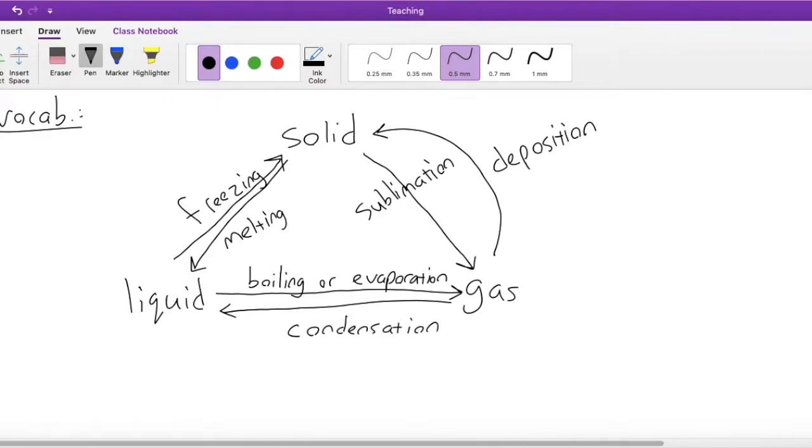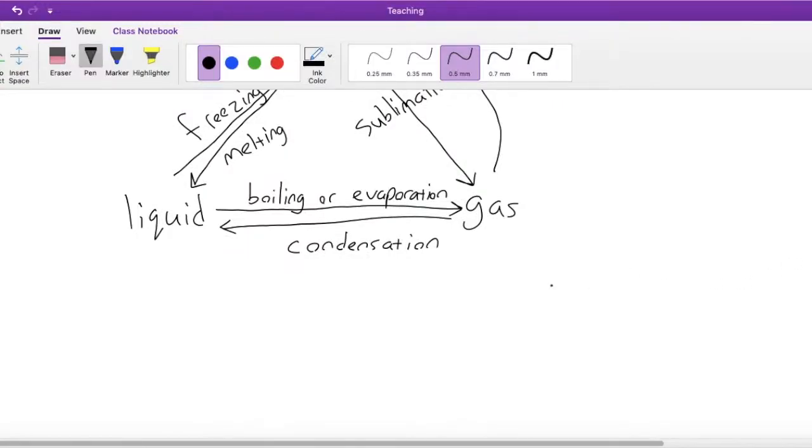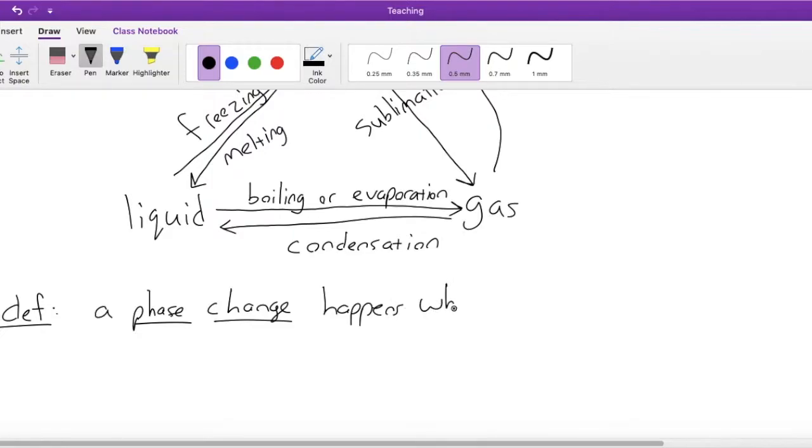And then the last thing we'll add to our notes here, definition. A phase change happens when the movement energy, the kinetic energy of the particles, is enough to break the bonds between the particles.